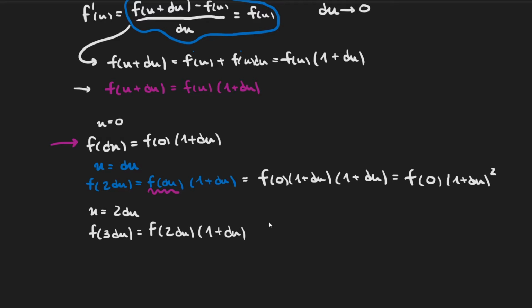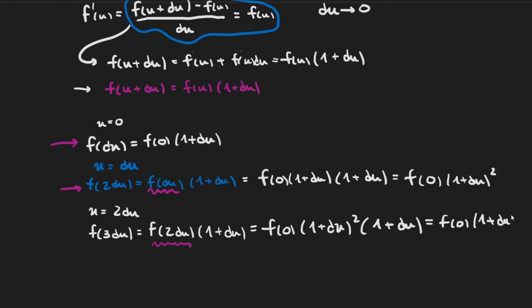Again we know what f(2dx) is, so f(3dx) is equal to f(0)(1 plus dx) squared times (1 plus dx), and that's just really f(0)(1 plus dx) cubed.